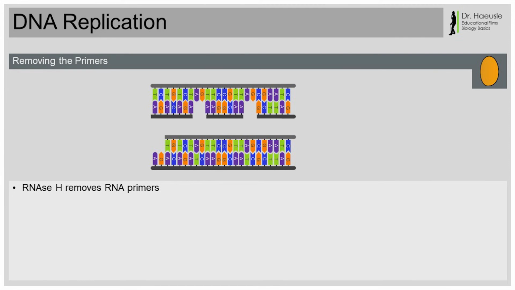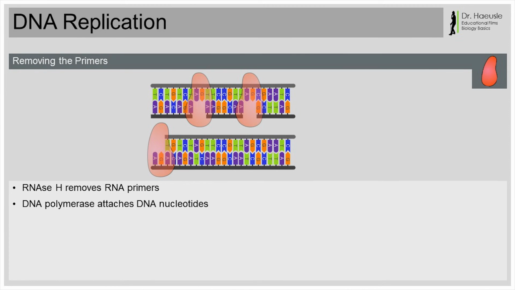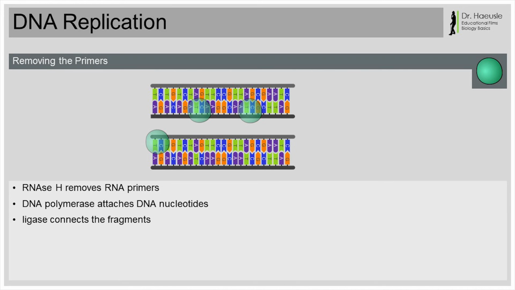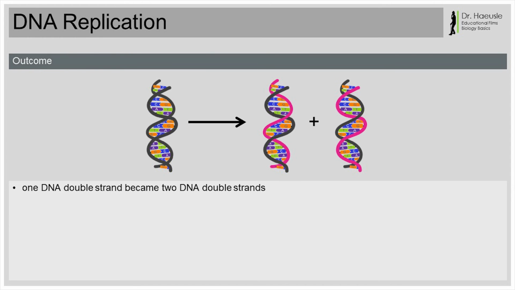This DNA polymerase is a different one than the DNA polymerase we have spoken of before. In the end, the individual fragments have to be connected to each other. The enzyme ligase does this. Now, the DNA replication is complete. 2 DNA double strands have been made from 1 DNA double strand.